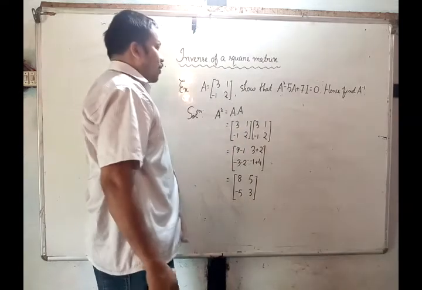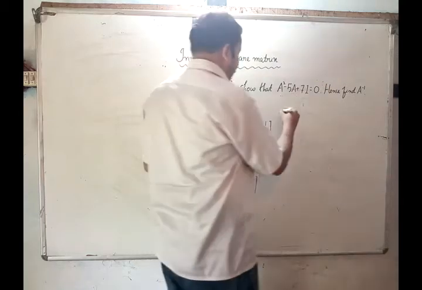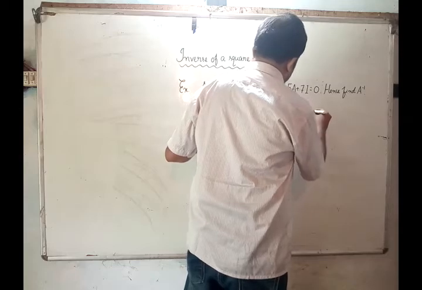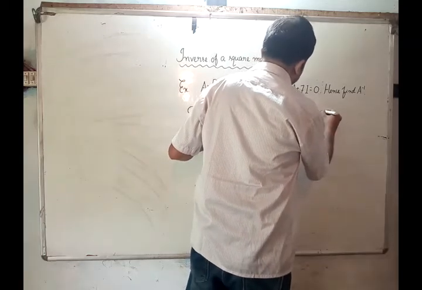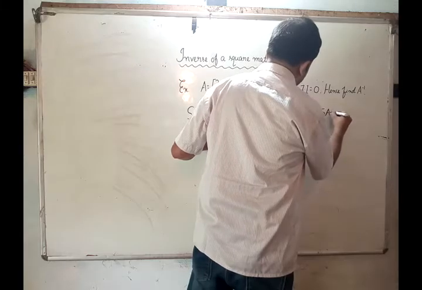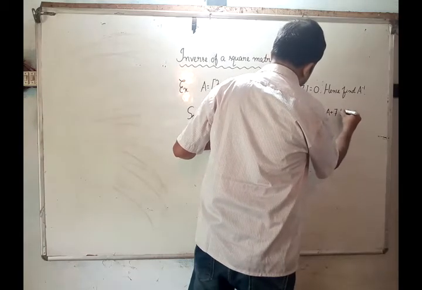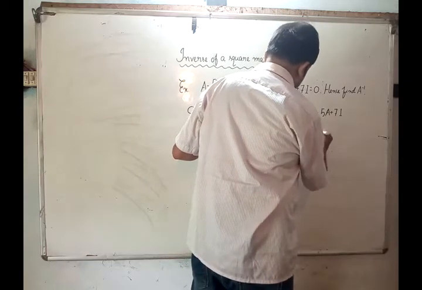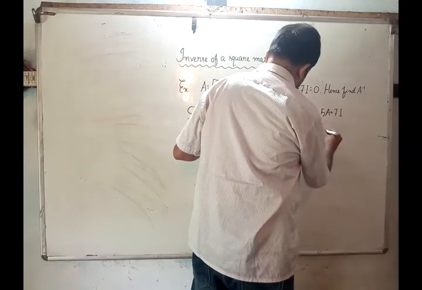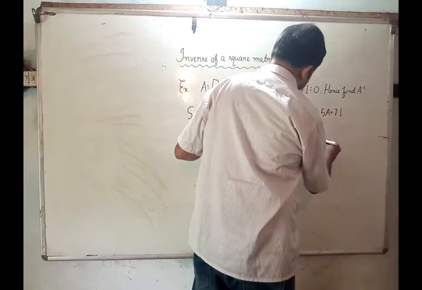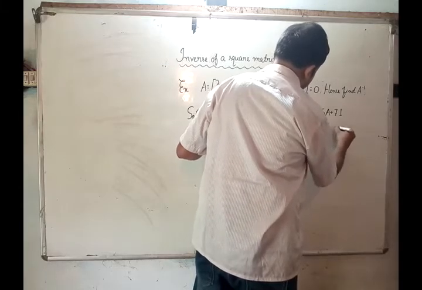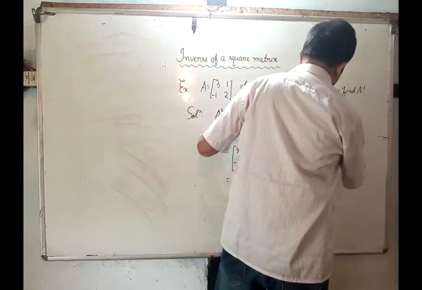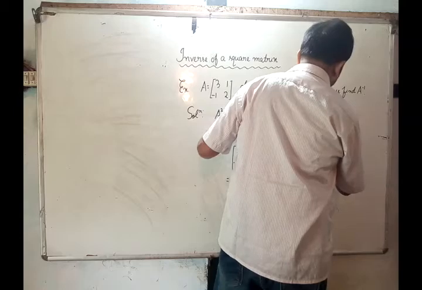Now take the left hand side, A squared minus 5A plus 7I. A squared equals 8, 5, minus 5, 3, minus 5 into A, where A is the matrix 3, 1, minus 1, 2, plus 7I.